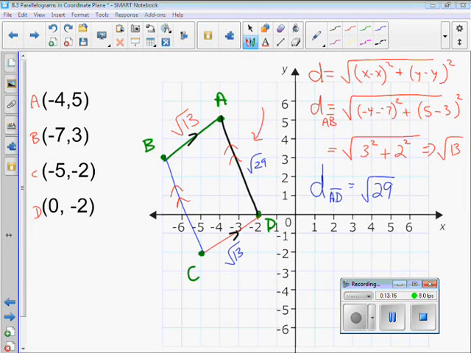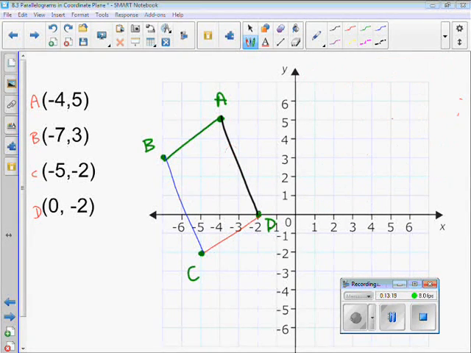Now let me show you maybe a little bit quicker way of doing this. So remember I was telling you that the distance formula is related to the Pythagorean theorem. If I wanted to find the side AB's distance, I could take the points and calculate the distance between these two, and just plug them into the distance formula, the x's and the y's subtracted and all that stuff. But the other way I could do it is I could simply draw a right triangle with that thing being my hypotenuse.